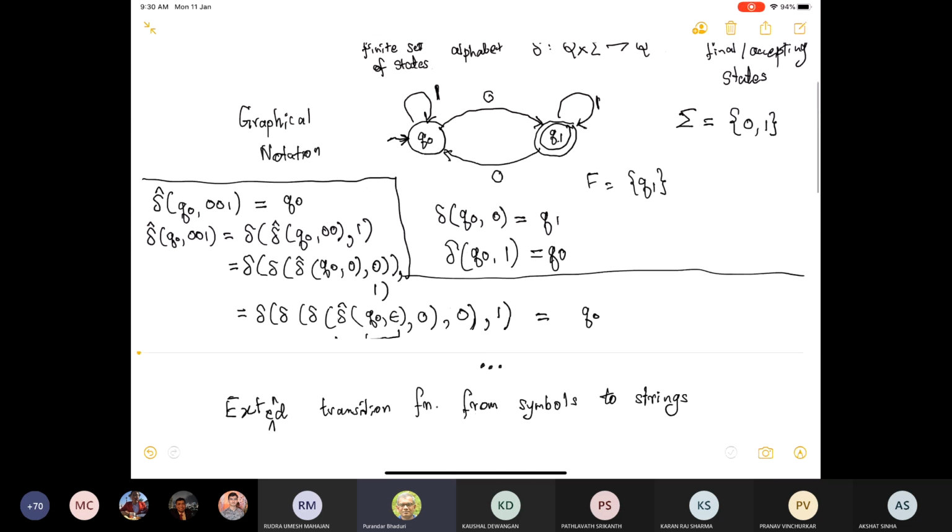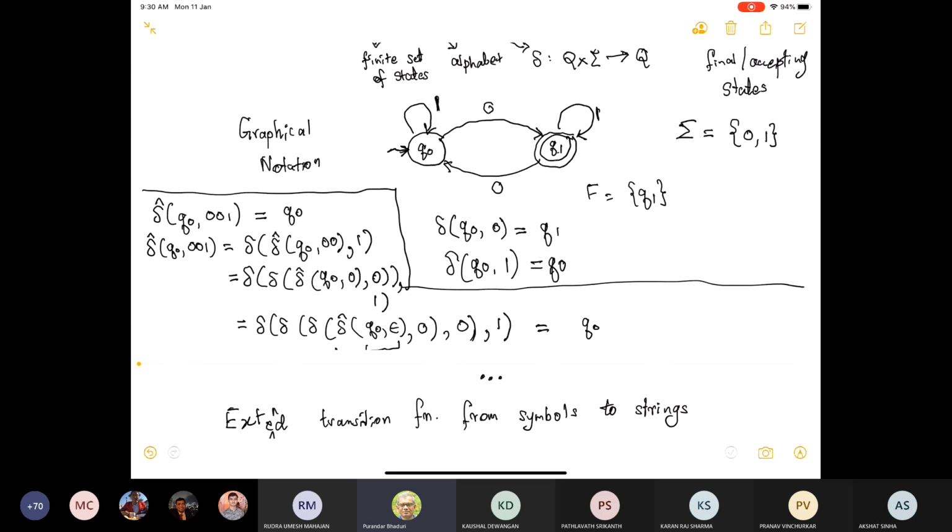Okay, so what is the language accepted by this machine? I don't know whether there is a simple description of that language in English, but you can think about that.